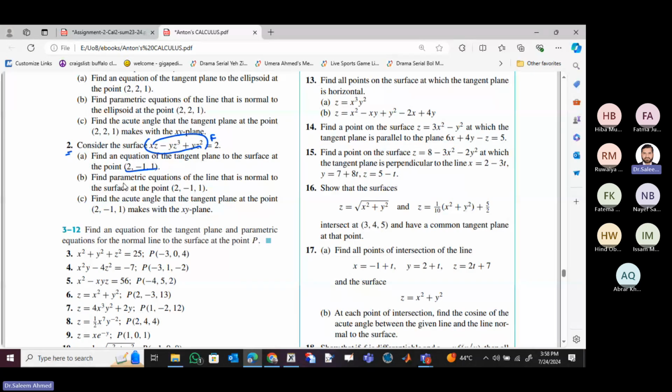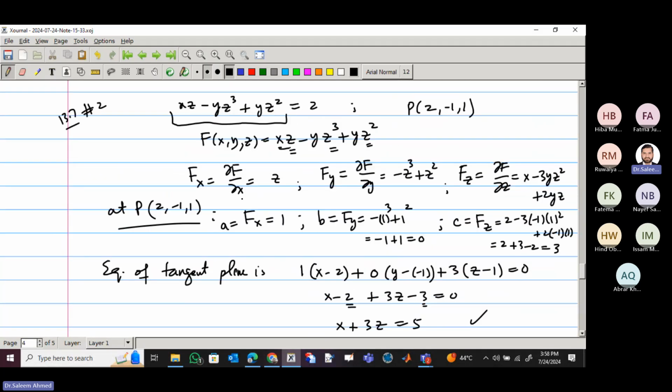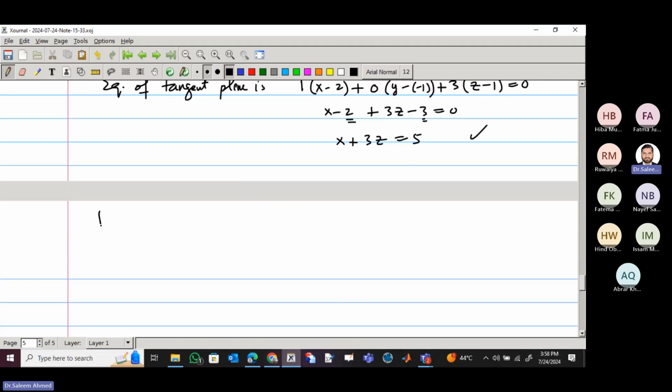Now, find the parametric equation of the normal line. Same point, so I don't need to calculate anything again. I can directly write the parametric equations of the normal line. x is equal to x naught, which is 2, y is equal to y naught, which is 1, and z is equal to z naught, which is 1, plus at, where a is 1, plus bt, which is 0t, plus ct, which is 3t.